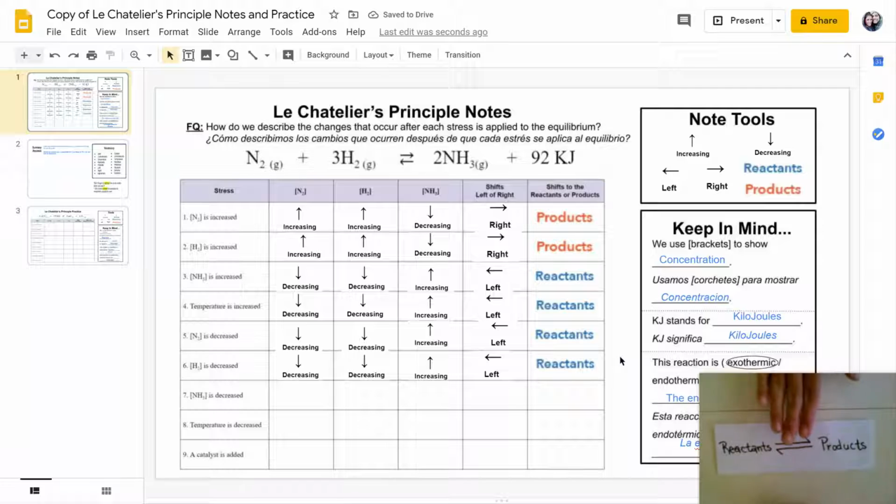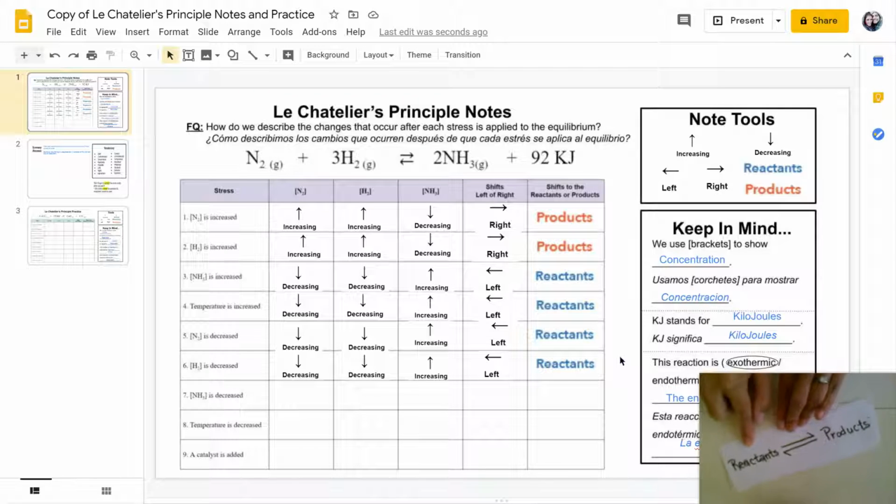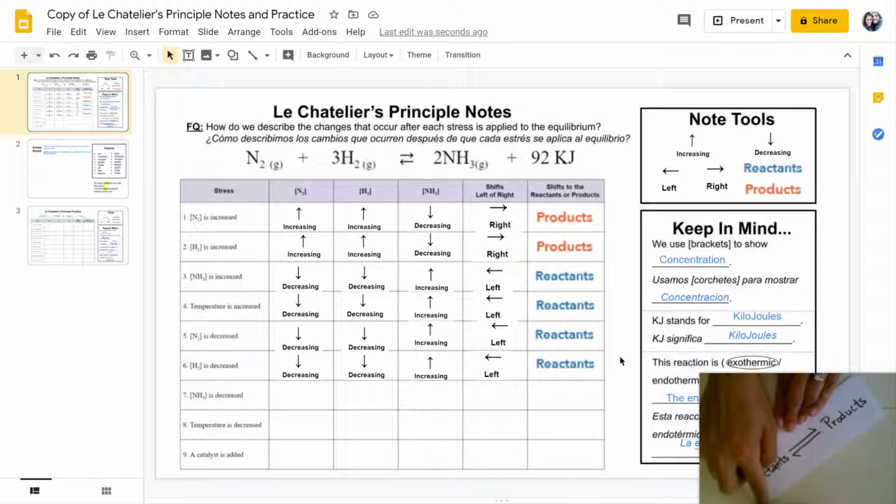So let's use our manipulative down here to see if that is in fact what happened. Okay, so if I decrease H2, that means my reactants are going down. The concentration of H2, I'm imagining all these little H2 molecules just leaving. So the reactant side drops.